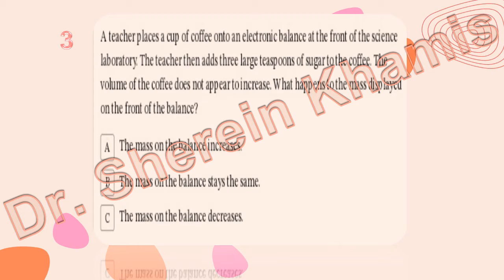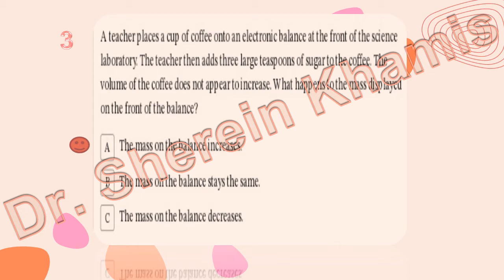Do you think the mass will increase or decrease? We add 3 spoons of sugar, so the mass will increase. The mass on the balance will increase, but we didn't see the volume increase as the sugar dissolves in the cup of coffee. So at the end, without seeing it, the total mass of reactants equals the total mass of products.